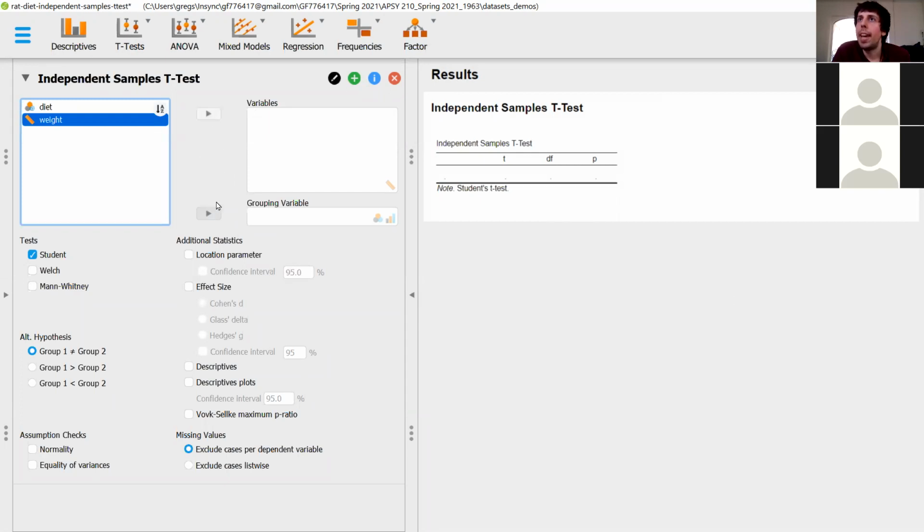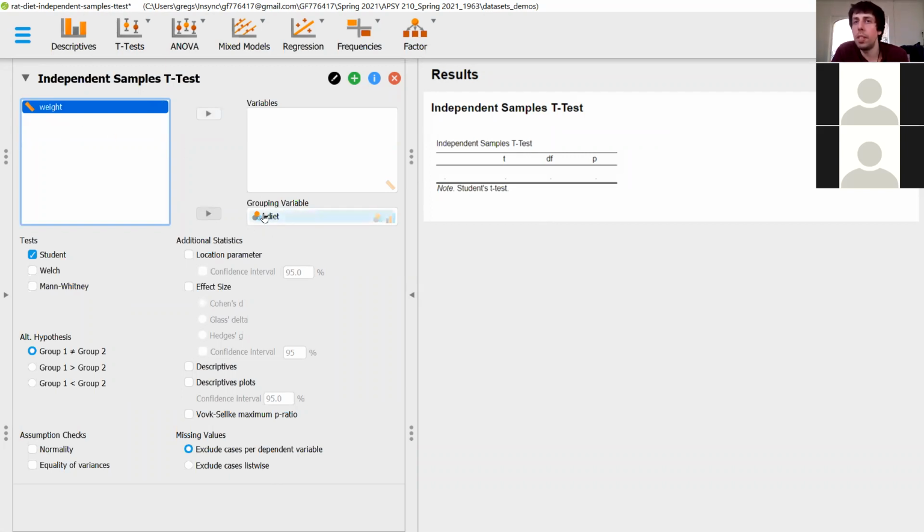And we actually have two different options. We can sort diet into grouping variable, or this sort of thing called variable up here. The grouping variable is actually where our independent variable goes for this kind of problem. So select diet and click here.